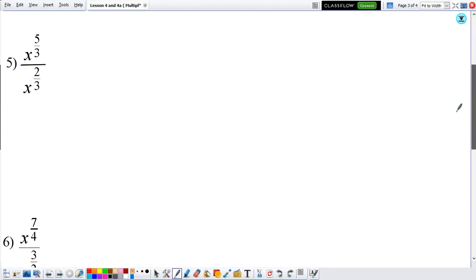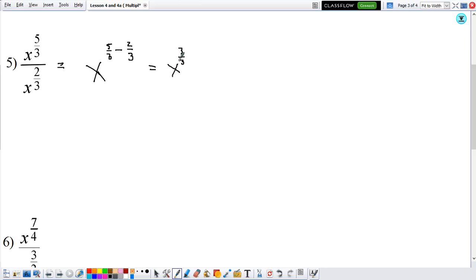Let's look at example 5 here. Again, you're dividing, you subtract the exponents, so now this becomes x^(5/3 - 2/3). Now they have the same denominator, so I can subtract them. So now this becomes 5 minus 2, so that's 3/3.